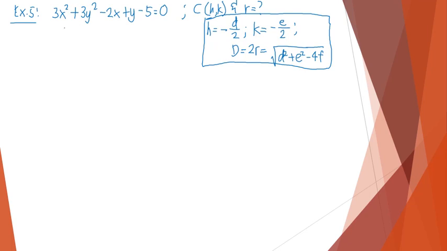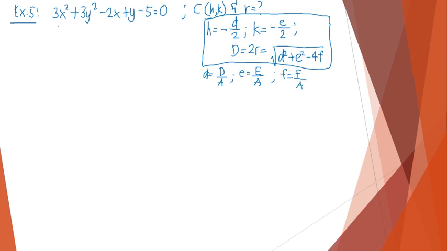But take note, guys, this small d is d over a, and this e is e over a, and this f is the f over a.